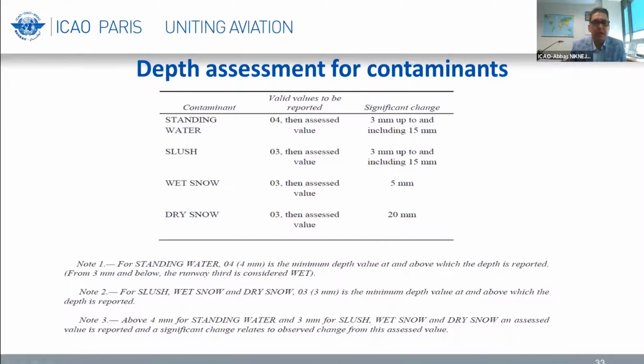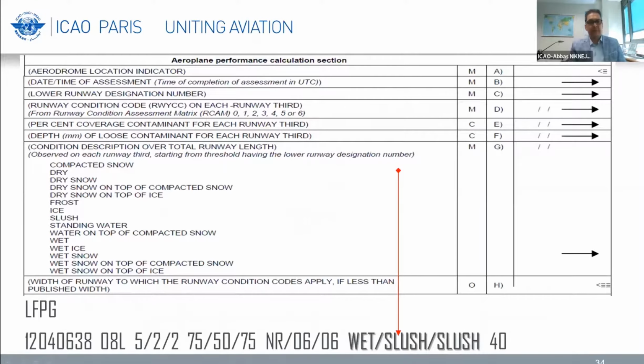Still, you will have a slush with NR, and you may remember that runway condition code for slush, wet snow, and dry snow less than 3 millimeter is different from when it's 3 millimeters or more. The right-hand column significant change will be explained later.